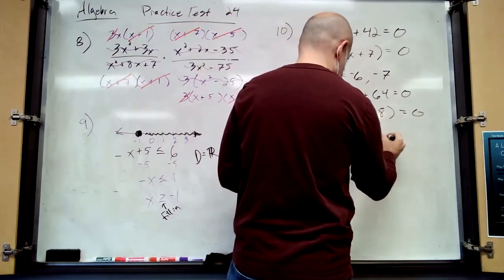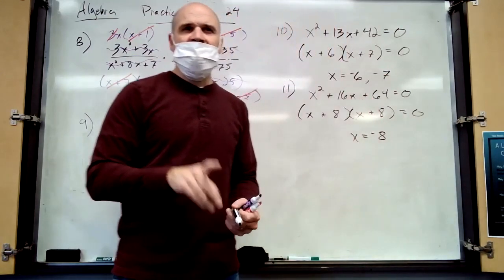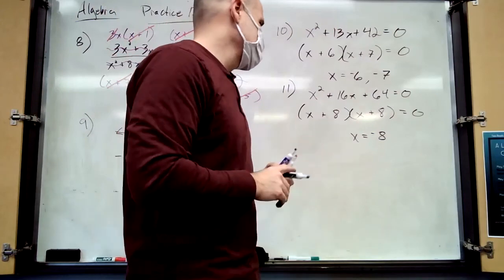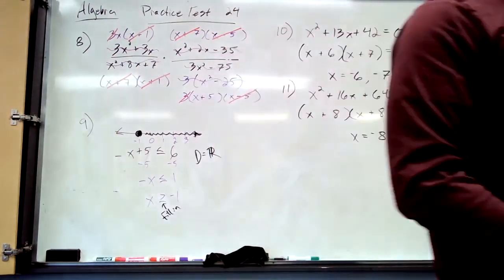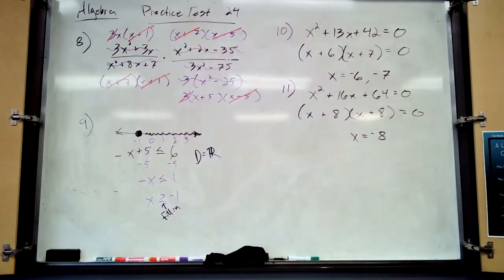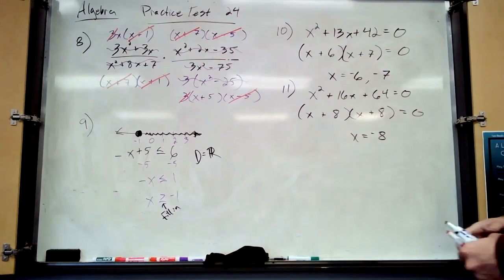Yeah, x equals negative 8. Now in algebra 2, we're going to realize you have to say negative 8 with a multiplicity of 2. Because technically you get two answers, negative 8 and also another negative 8, right? Well, we don't say that. The answer is only negative 8, but we say it has a multiplicity of 2. But don't worry about that now. We're going to do that next year.